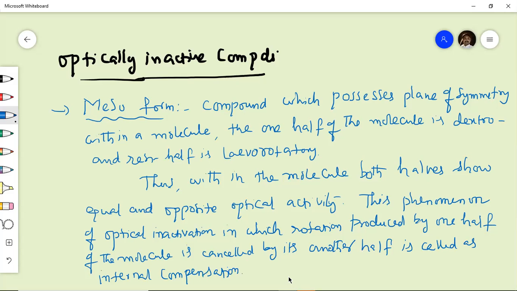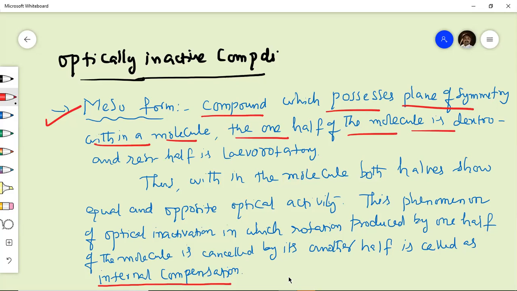And that is why these mesoforms are said to be optically inactive, and this is due to the phenomenon called internal compensation. This is the most important point to be noticed. So what is a mesoform? The compound which possesses a plane of symmetry within the molecule. In this, one half of the molecule is dextrorotatory and the rest half is levorotatory.